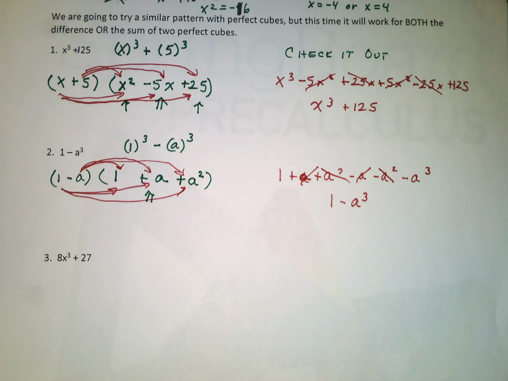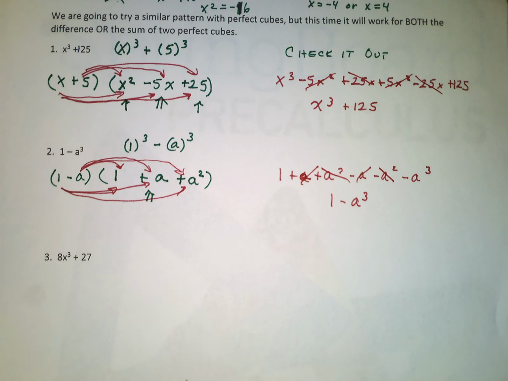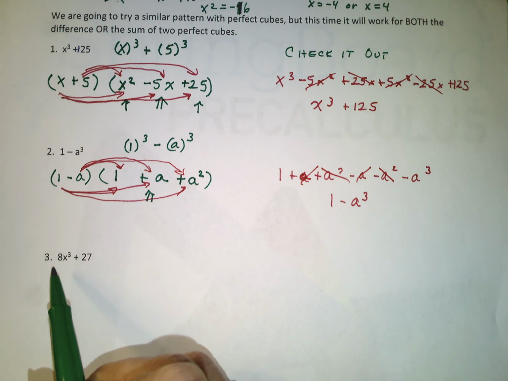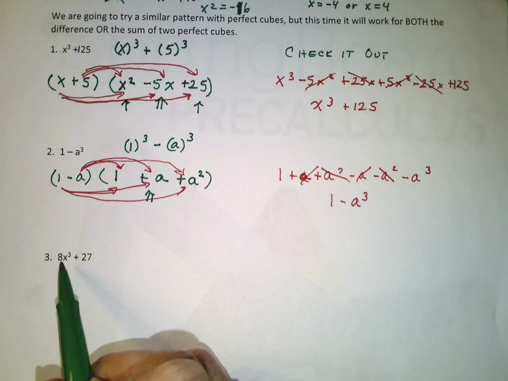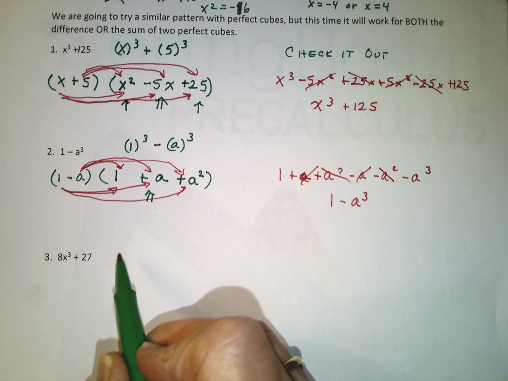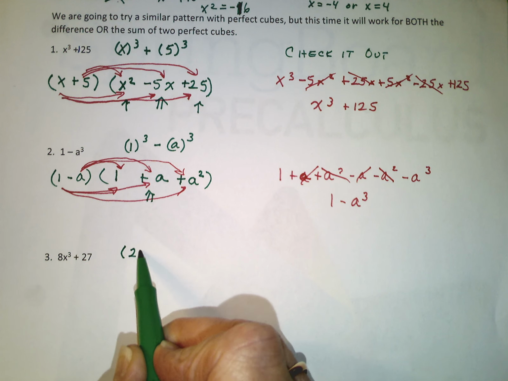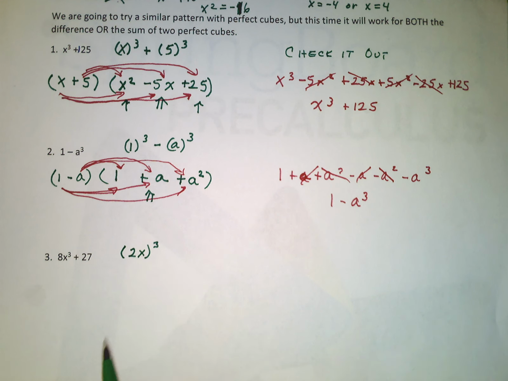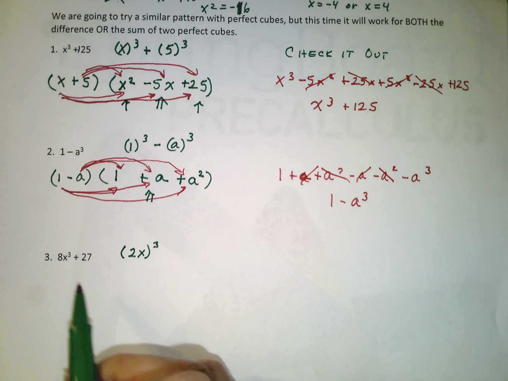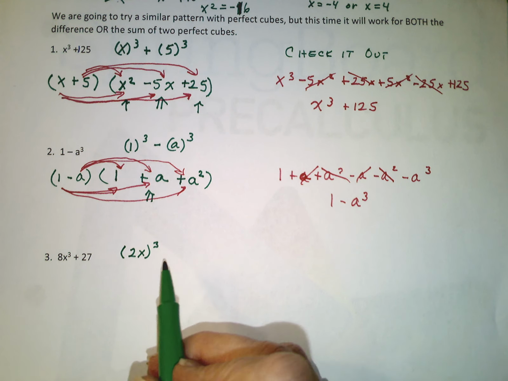One more. So do we have a cube and a cube? We do. I hope you know what we would cube in order to get 8. Maybe a 2? 2 times 2 times another 2? So this could be rewritten as 2x cubed. That would give us the 8 times the x cubed.